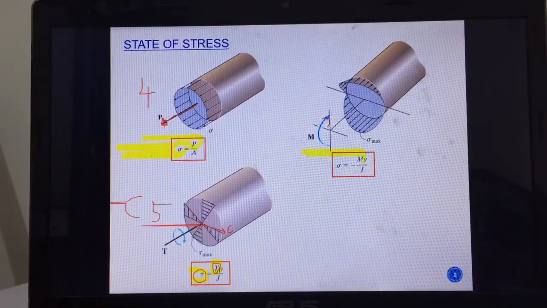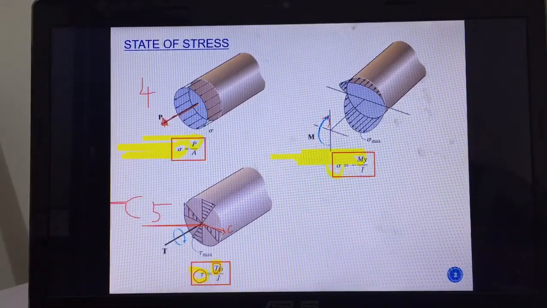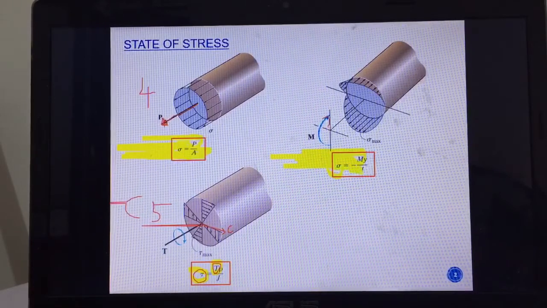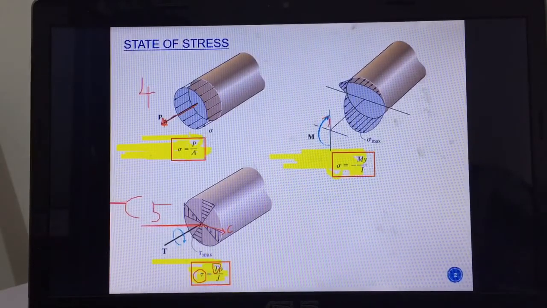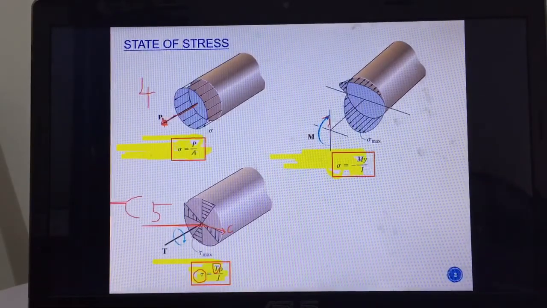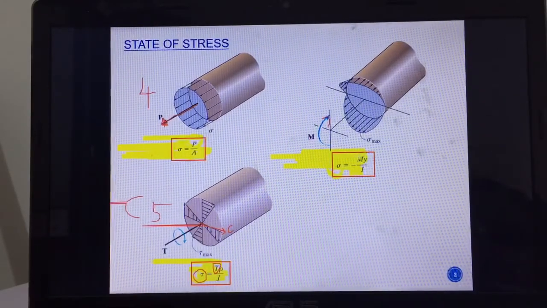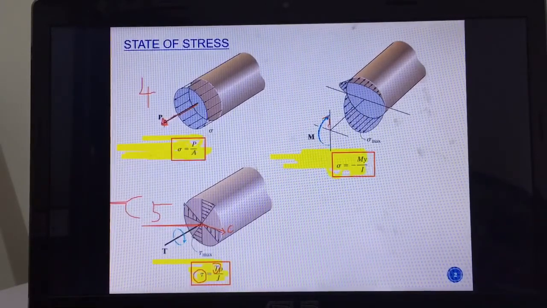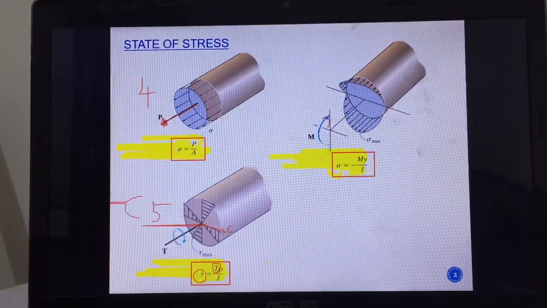If you have bending moment M, then you will have normal stress, right? So realize that this is normal stress, and this is normal stress as well, and this is shear stress. So you have to map them: internal normal load P gives normal stress, internal bending moment M gives normal stress, and internal torsional moment T generates shear stress.